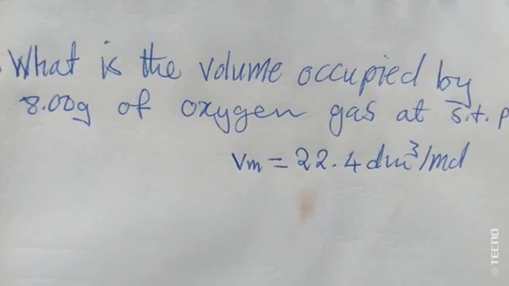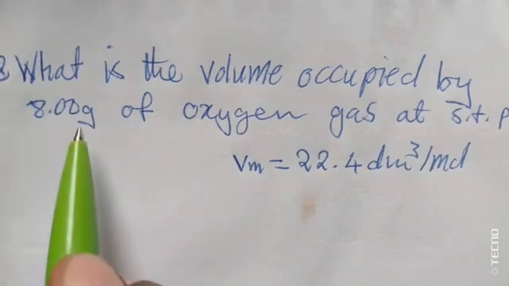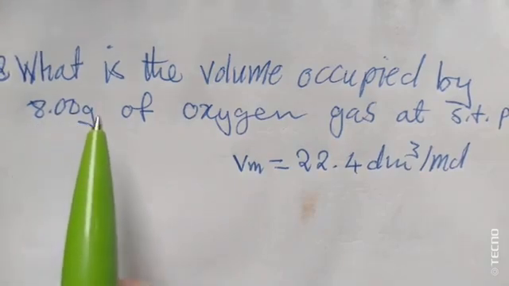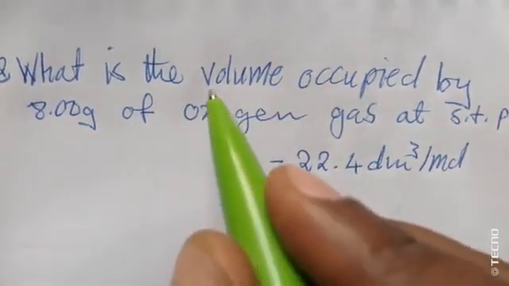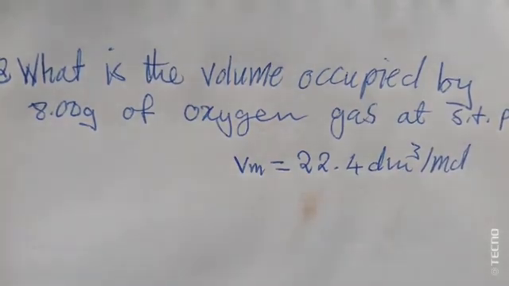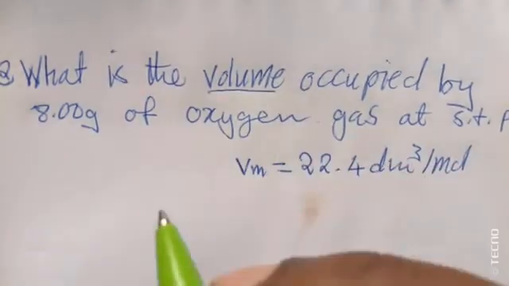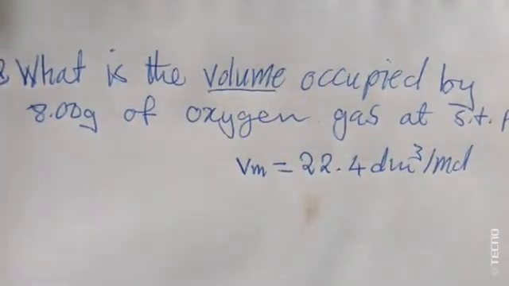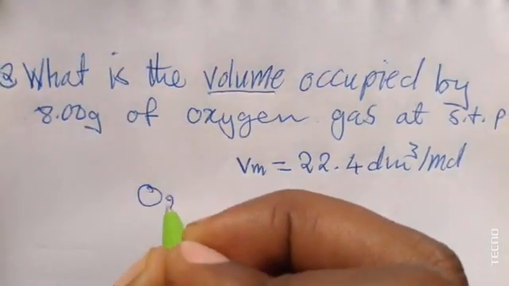Now, remember, see what you have been given. Which formula are you going to use? There is a mass, and what you have been told to calculate is the volume of this oxygen. It's oxygen gas, and remember I said diatomic, so it will be O2.